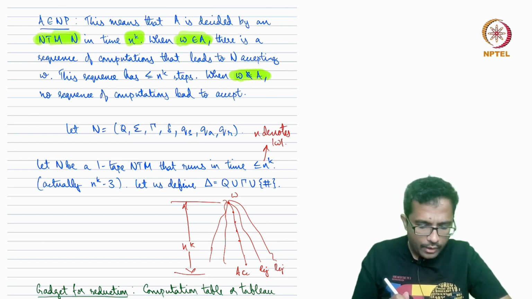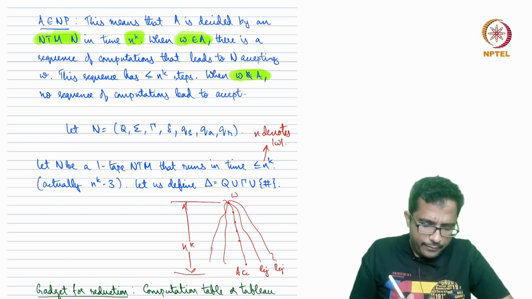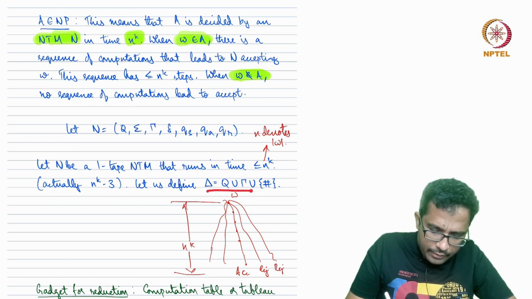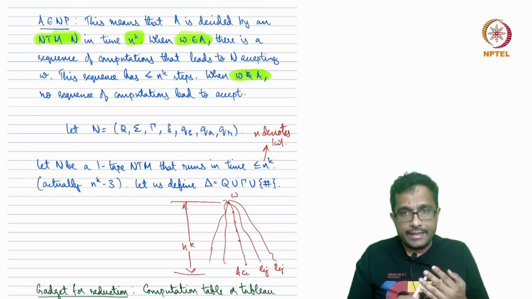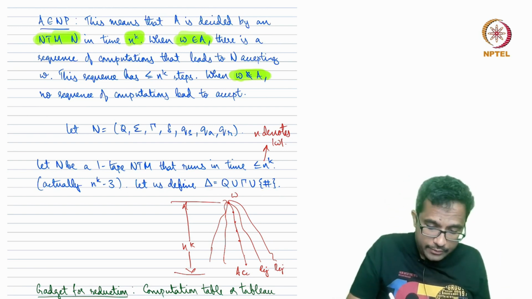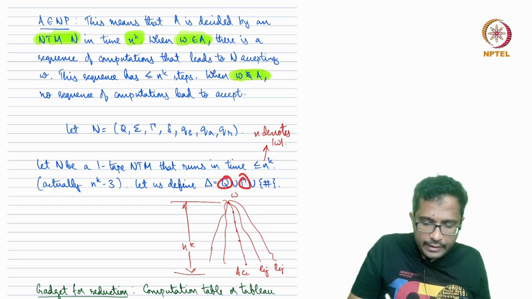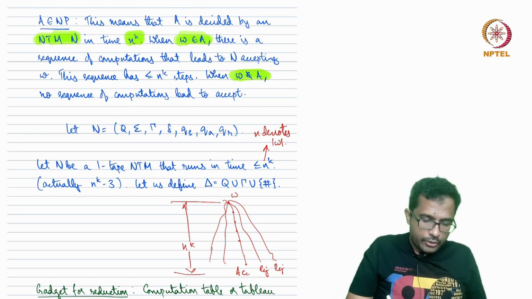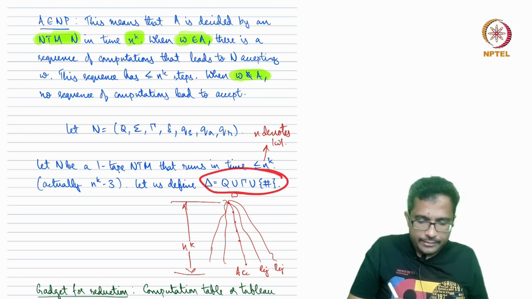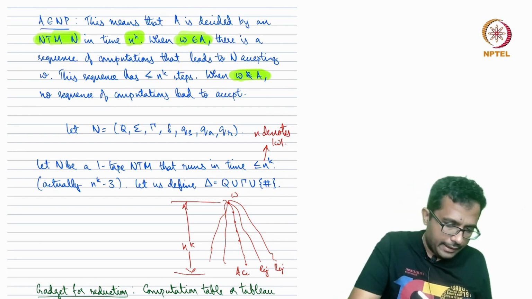And we define delta to be the set of all states, tape alphabet, and the delimiter symbol hash. So we define delta to be this. Maybe I'll highlight this.